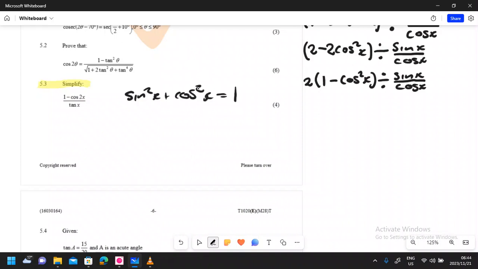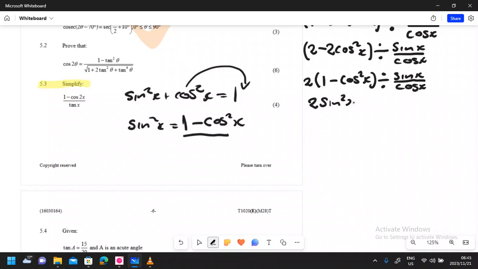Now, if we take this cos squared to the other side, we're left with sine squared x equals 1 minus cos squared x. Do you guys see? Now this looks like what is inside the bracket. So we can substitute what is inside the bracket with 2 sine squared x.